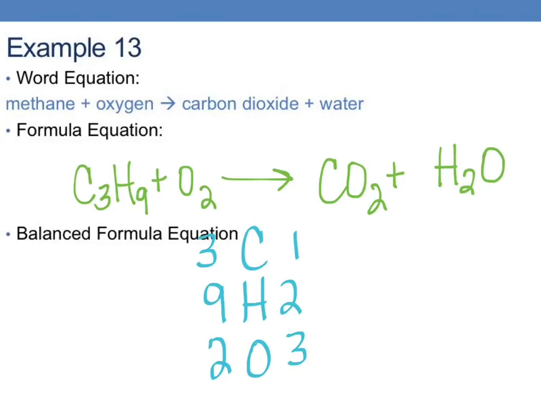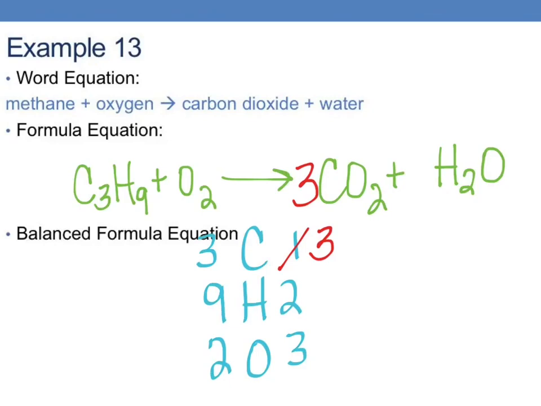I have an odd number here, I have an odd number here, and it's going to make things kind of awkward, but it'll work out in the end. So, this would be one of those super bonus problems. Super bonus. So how many carbons? I'm going to go with 3. So don't write anything down.